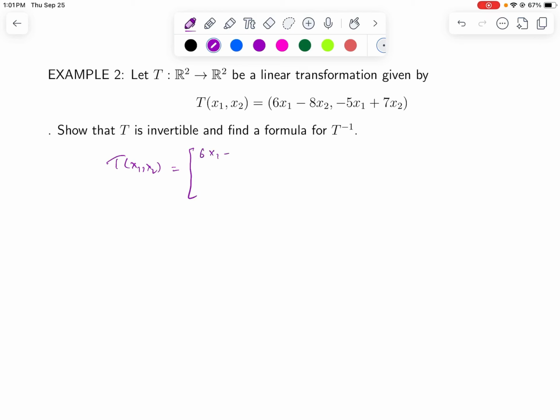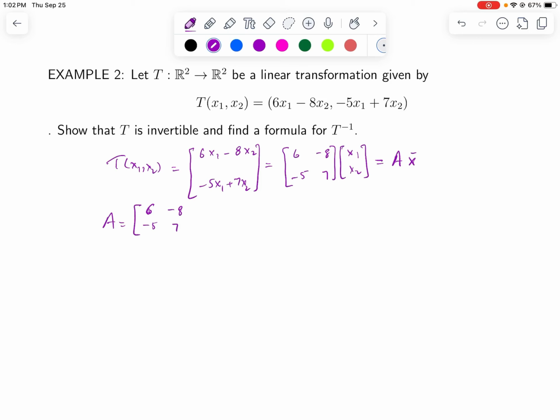So what we do, basically, we first try to find our A. As I have shown you, if you write this transformation as 6x1 minus 8x2, and then minus 5x1 plus 7x2, you can easily see the matrix A. It will be 6, -8, -5, 7, and then x1, x2.